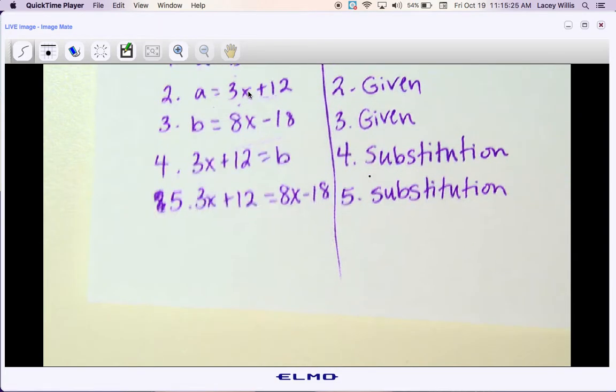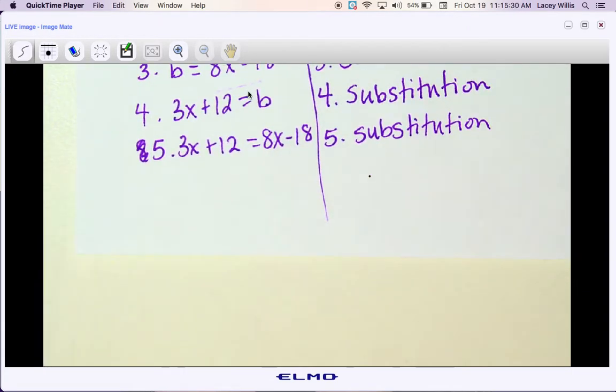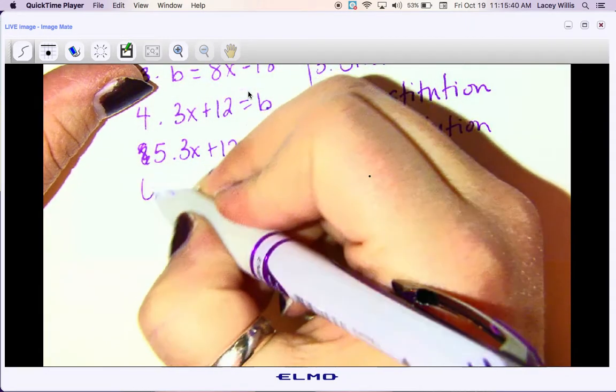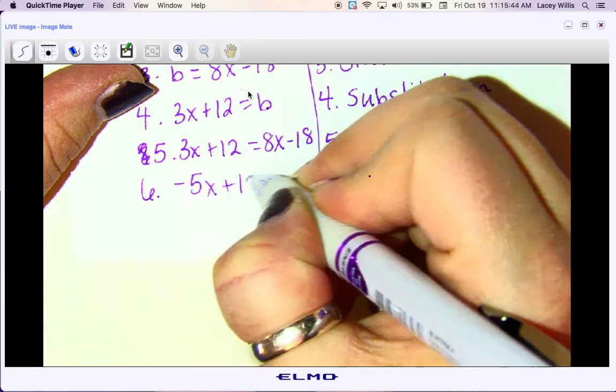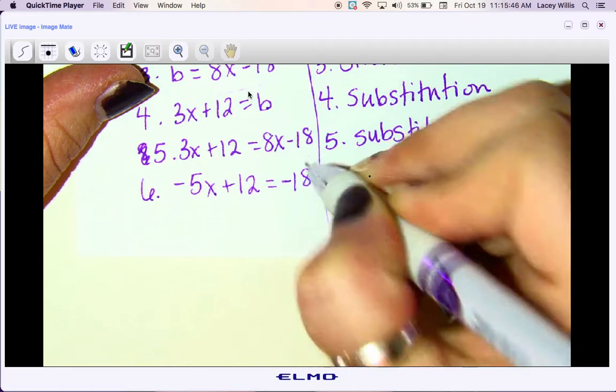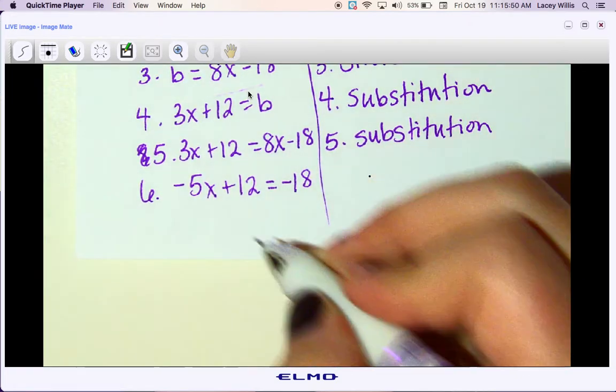How do you solve that equation? Yeah, 3x minus 8x. Yes, we need to put the x's together, right? So line 6, if you subtract that 8x, you get negative 5x. Now what? Minus 12.